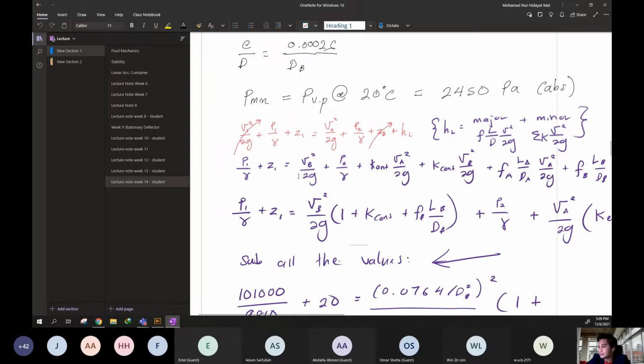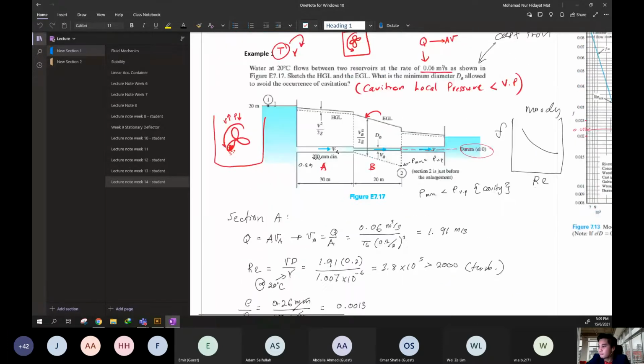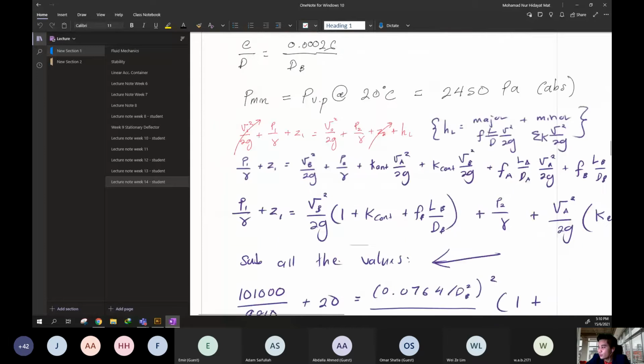So with this, we have the head loss. We know that the head loss from point 1 to point 2 considers the major and minor losses. So we need to expand the equation of major losses, which is f L over D times V squared over 2g, and the minor losses, which is the summation of coefficient K times V squared over 2g.